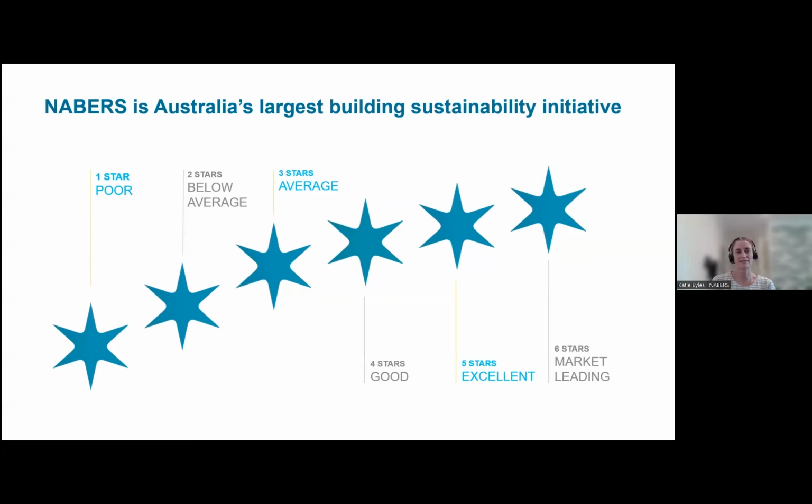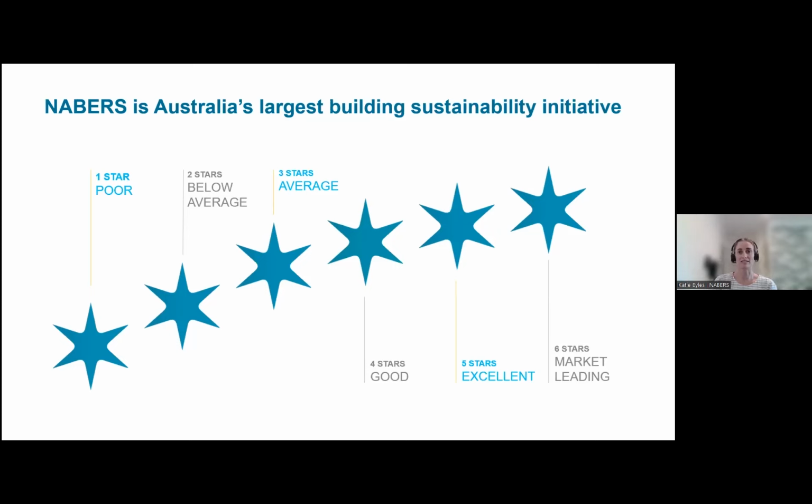NABERS rates Australian buildings for sustainability. So for example, if you have a NABERS operational energy rating for your building, and it's a 3-star rating, that means that you have average energy consumption compared to a similar building to you.